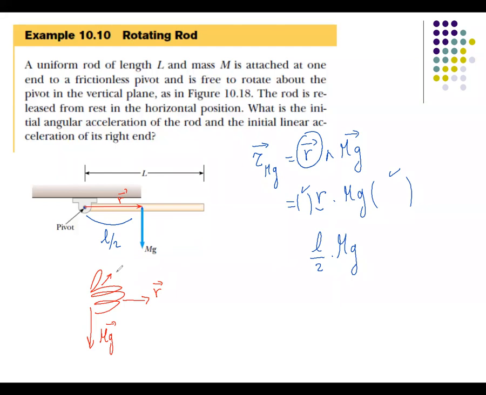When I say into the page, I mean X, and X is minus J. So here we have minus J, the magnitude and the direction.